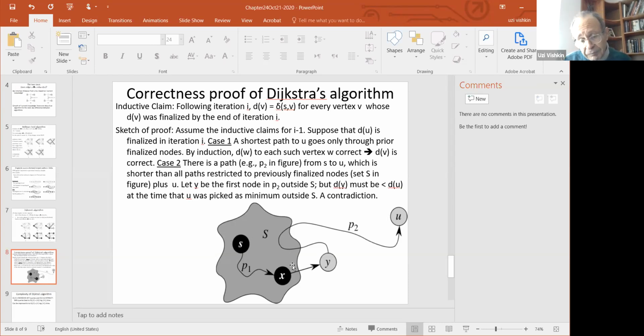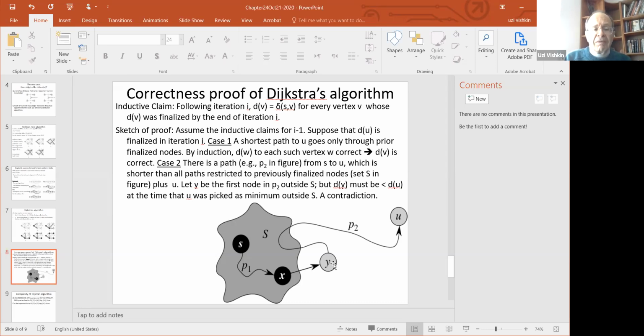It may go through another vertex, come back, go out, come back, and finally end up at U. What makes case 2 different from case 1 is that the shortest path includes at least one vertex prior to U to which the distance has not been finalized. You can easily see that case 2 is the complement of case 1, and together they cover all the possibilities.